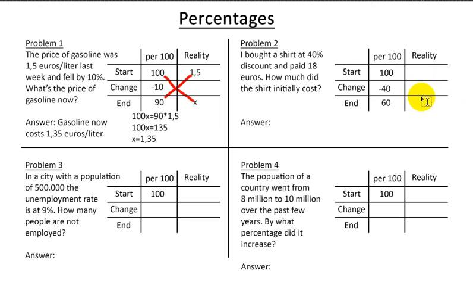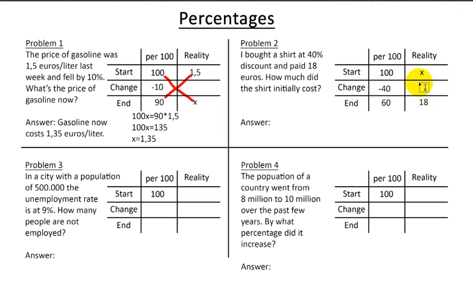And we know that in the end, the real price after the discount was 18 euros. And we're looking for this. How much did the shirt cost without the discount? So this is my unknown. This empty box here is what I didn't pay.